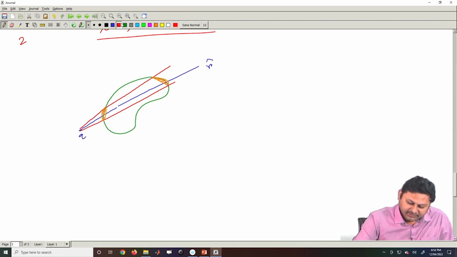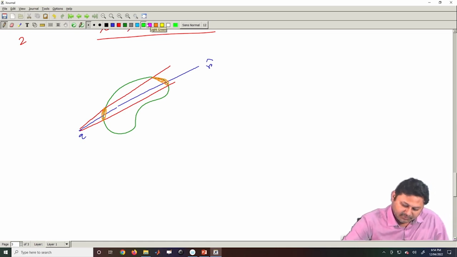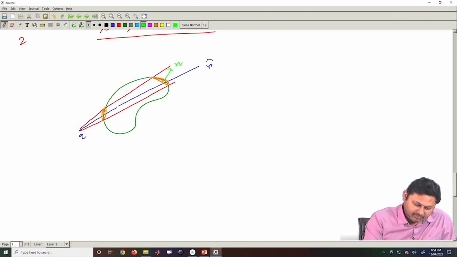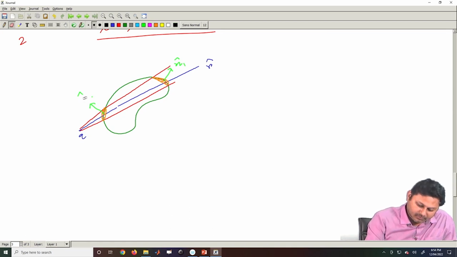So, what are the unit vectors of this area? I quickly draw that one unit vector is along this direction, say n 1 unit vector, and another unit vector in the opposite direction, n 2.